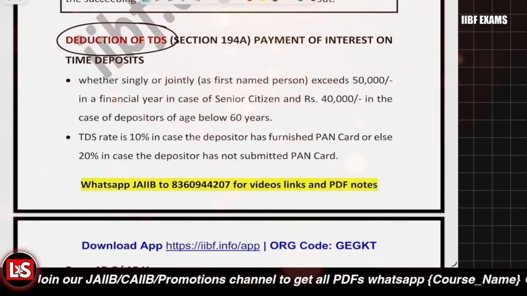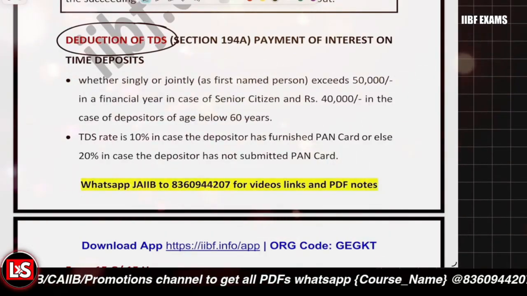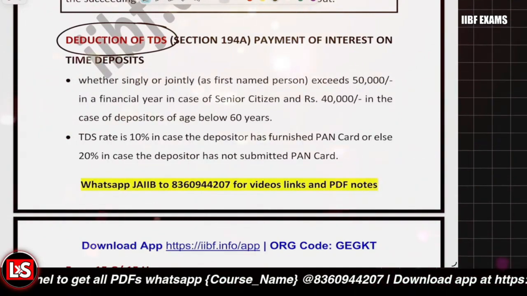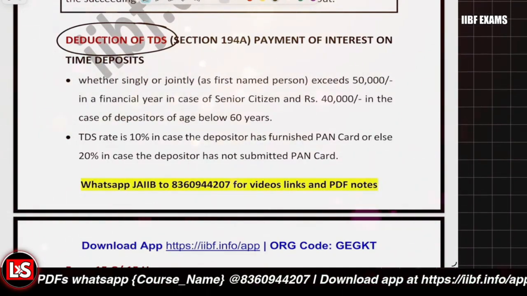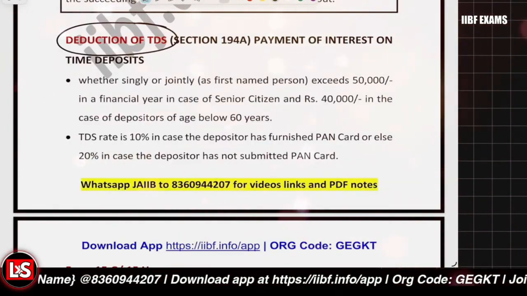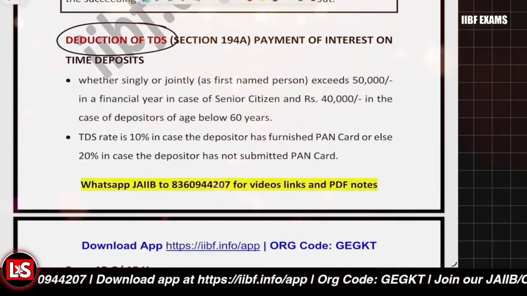Let's say if you have earned interest on the FDR up to a specific threshold, it is allowed that no TDS will be deducted up to a particular threshold, right?